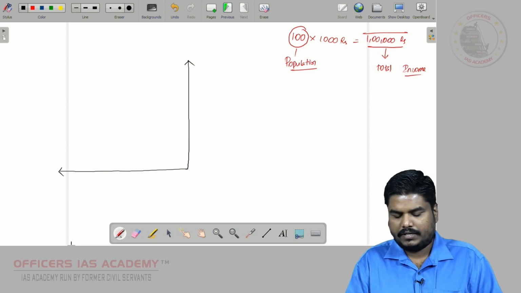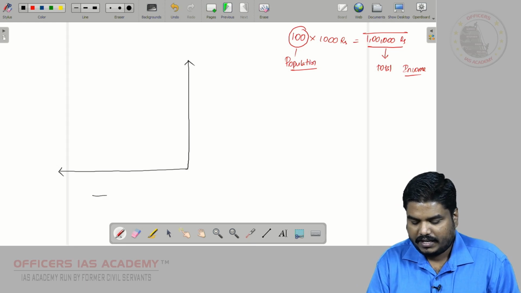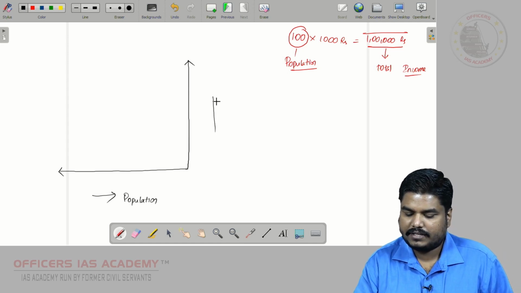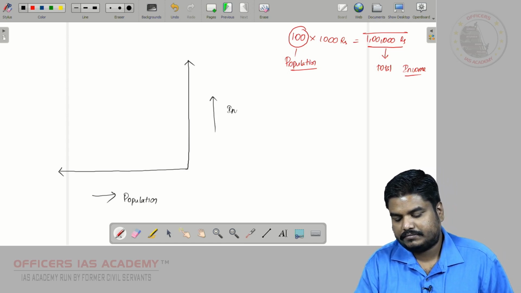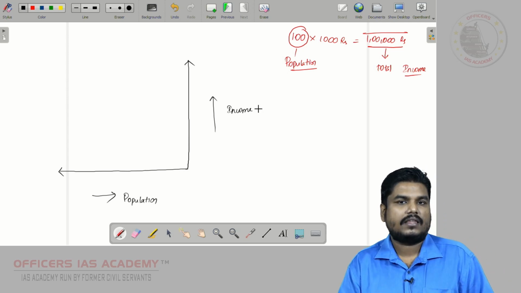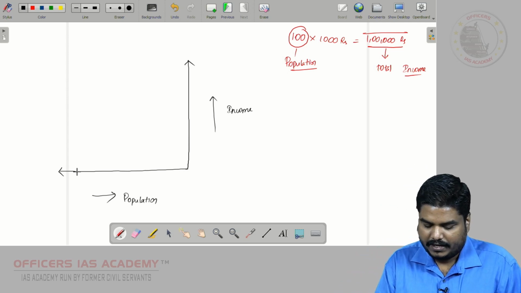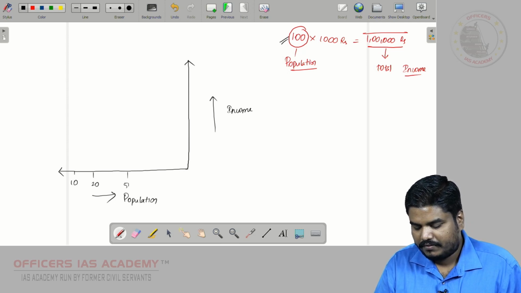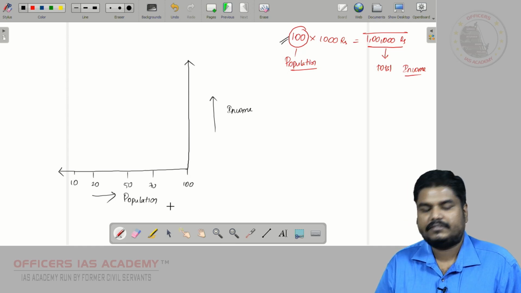On the x axis I am taking population, on the y axis I am taking income. Here we have 100 people, so 10, 20, 50, 70, 100.